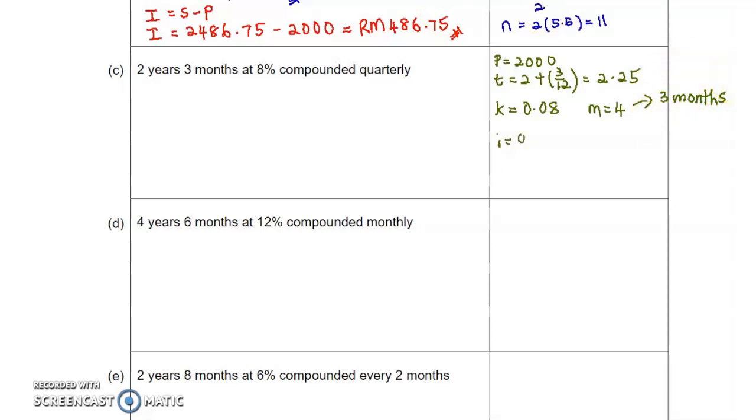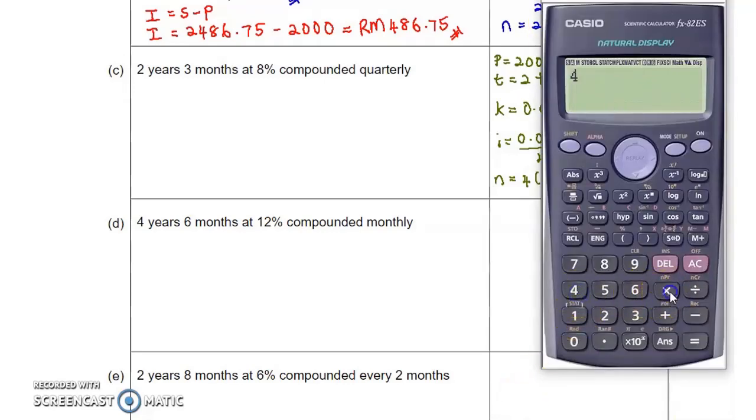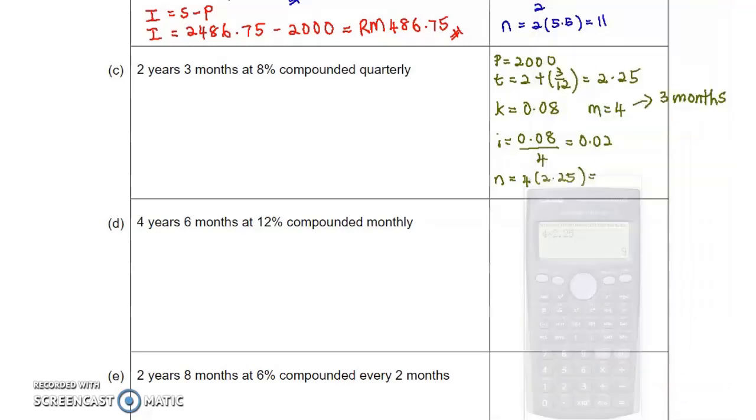So i equal to k over m, 0.08 divided by 4 is 0.02, and n equal to m times t, 4 times 2.25, which is 9.